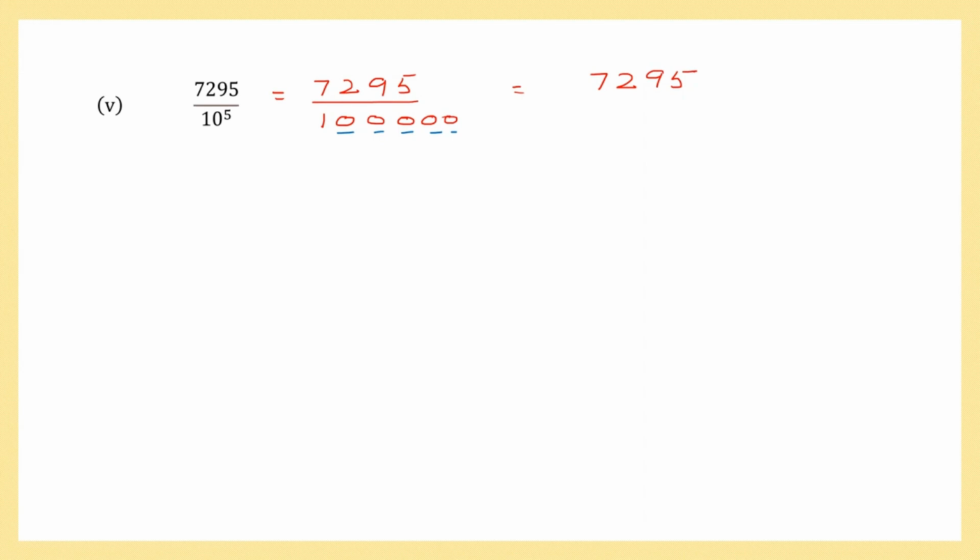So that means it will move 5 places to the left. 1, 2, 3, 4 and 5, and then I put the point. So I have a number missing here. I'll put 0. So what is my final answer? My final answer is 0.07295.